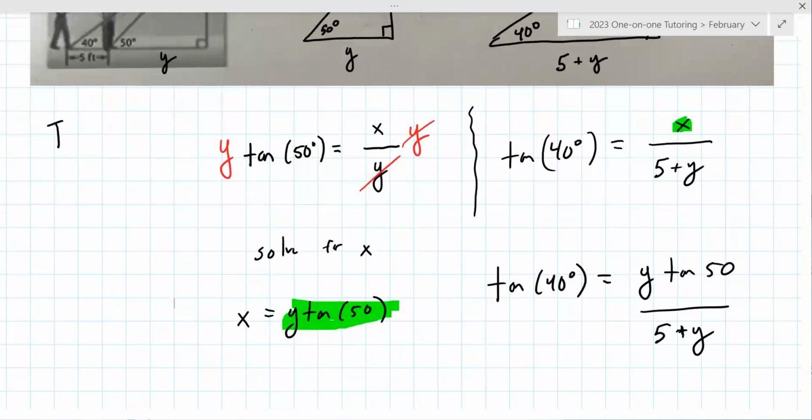It's like a substitution system where you go back and find the other variable. Tangent 50.